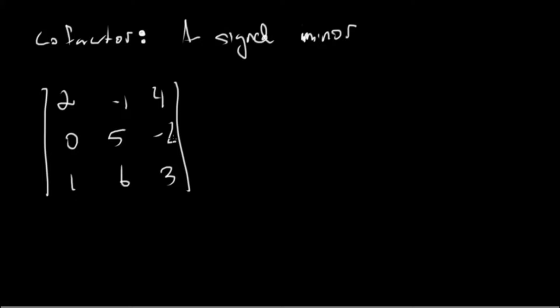All right, we're looking at the determinant of this thing. So a minor is you're going to delete the row and the column, and then the matrix that's left behind, you're going to take the determinant of that. A signed minor is as follows. C_ij is going to be the minor ij, but we're going to multiply by -1 to the i plus j.